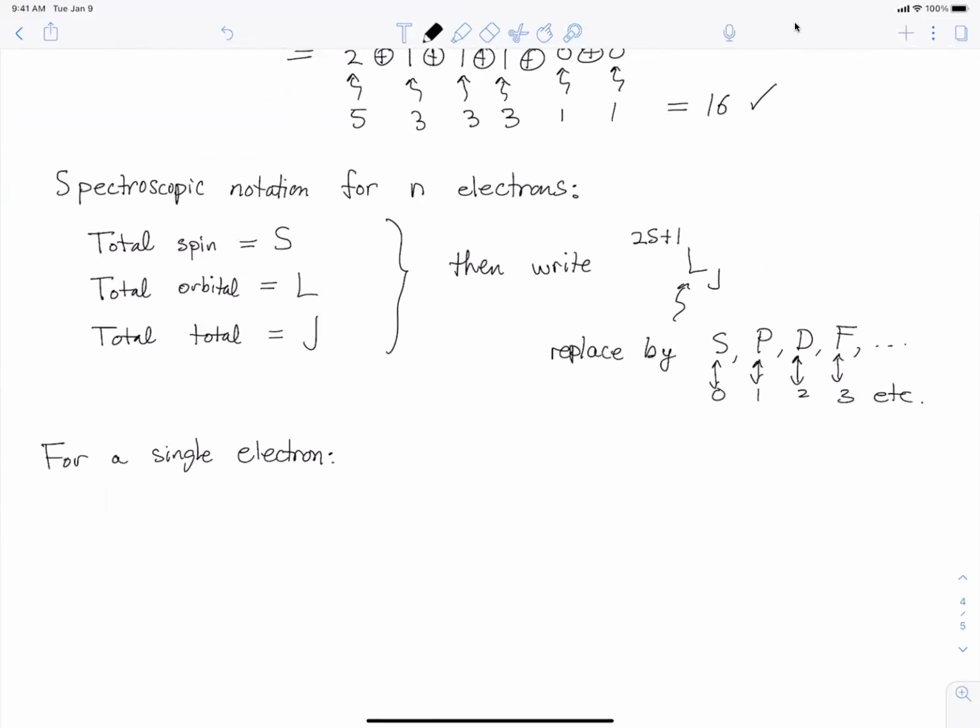Oh, I should say one thing about why this is useful. It's not necessarily obvious that it's the best thing to do to first combine the spins and then combine the orbital and then get the total. And the reason this is actually useful is it turns out these are approximately Hamiltonian eigenstates.